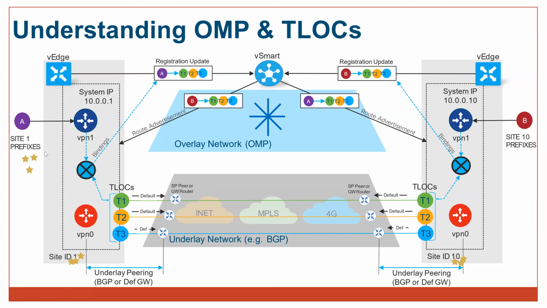Now you know that if we have a vEdge device, you have at least two VPNs. You should have at least three. One is VPN 0 for connecting over the ISP. Then you have VPN 512 for management, and then you have the service side VPN. In this example, you can see VPN 1 is the service side VPN.